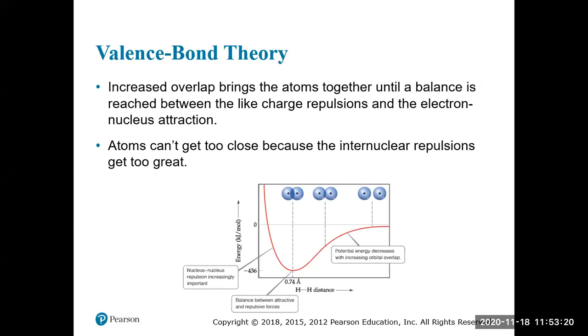If it starts getting too close, now we don't have so much the problem of the electron repulsion with each other. We now have nucleus repulsion. In other words, the positive nucleus of one repels the other. So this energy diagram shows us that there's a sweet spot in that distance, that bond distance, where all of these interactions, the good ones and the bad ones, are balanced out properly.